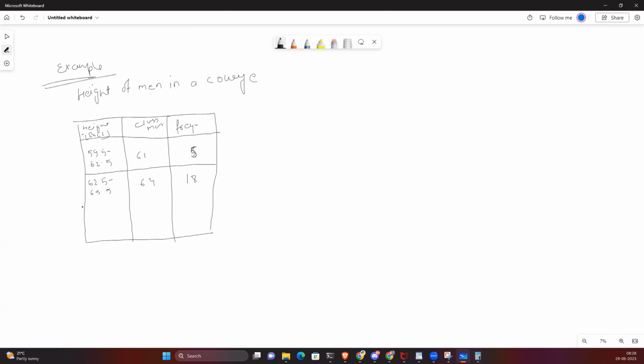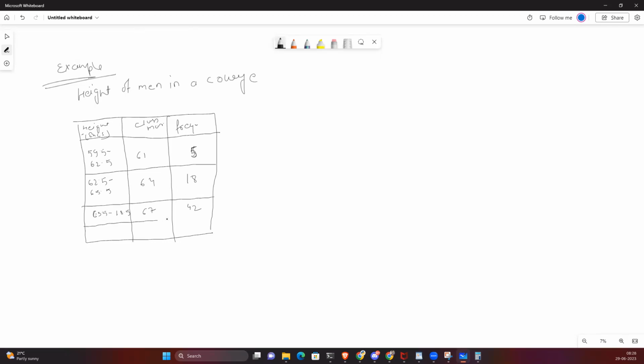The third one is 65.5 to 68.5. Under this range, the class mark is 67, and the number of students falling in this category is something like 42, just for example.